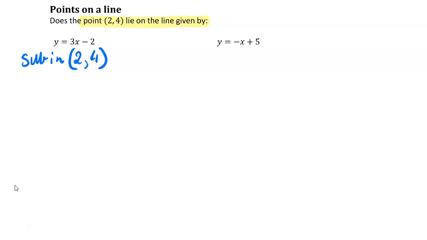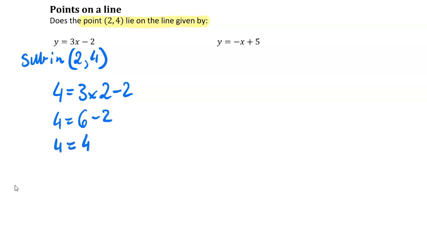So where I've got y, 4, 3 times 2 minus 2. Okay. So that's 4 equals 3 times 2 is 6 minus 2. And there we go.